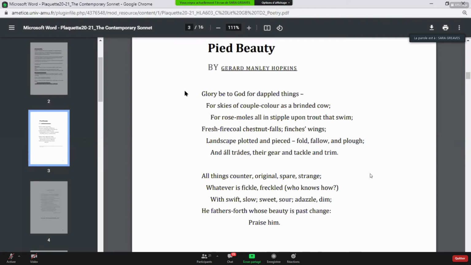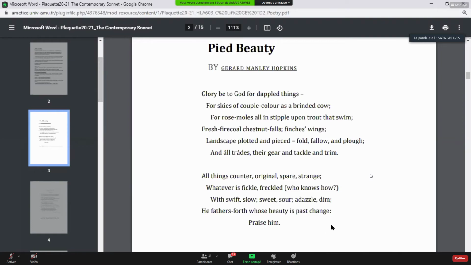Whereas up until now, even though there's a change of stanza, the poem has been focusing on the things of the natural world. It's been focusing on nature, on creation, if you like, God's creation, and then in the last two lines it changes focus to attend to the divine, to God.